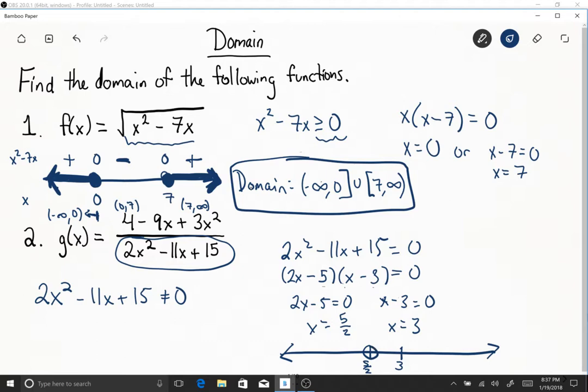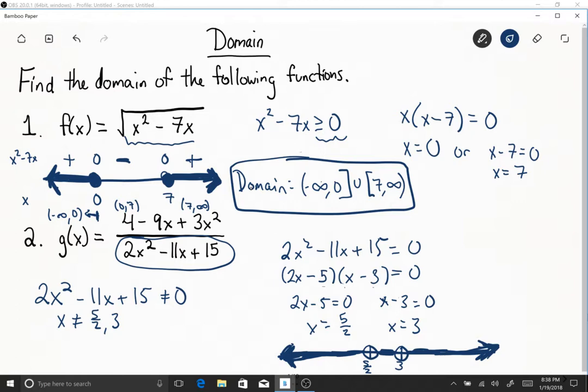And those are open circles, and then everything else on either side is shaded in. Okay, so x cannot equal 5 halves nor 3.